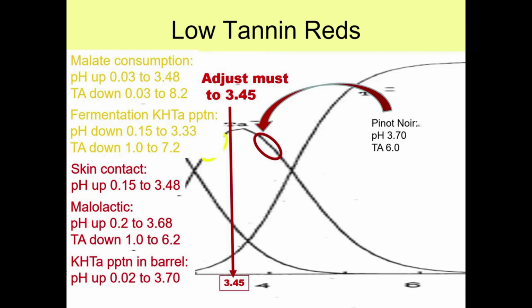That'll drop us a little bit, so the pH ends up at 3.7, and the TA is about 6.0. Exactly what we were looking for. So once again, we just have to start off by adjusting the pH to 3.45 in the juice stage. This is immediately after we crush, before skin contact has occurred.